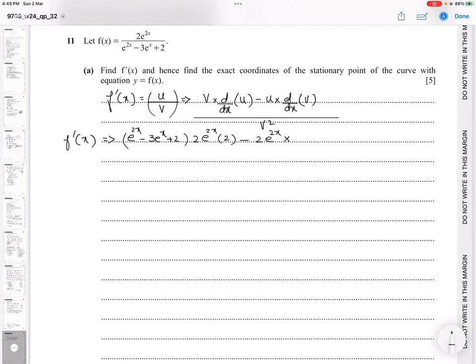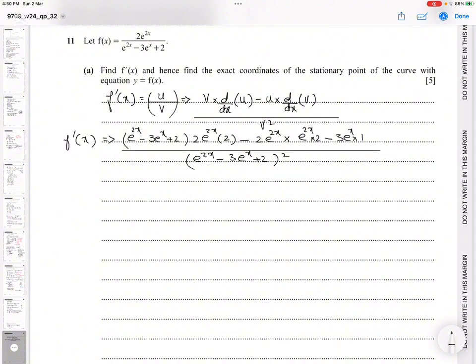The derivative of v is e^(2x) times 2 minus 3e^x times 1, whole over v squared, (e^(2x) - 3e^x + 2) whole squared.